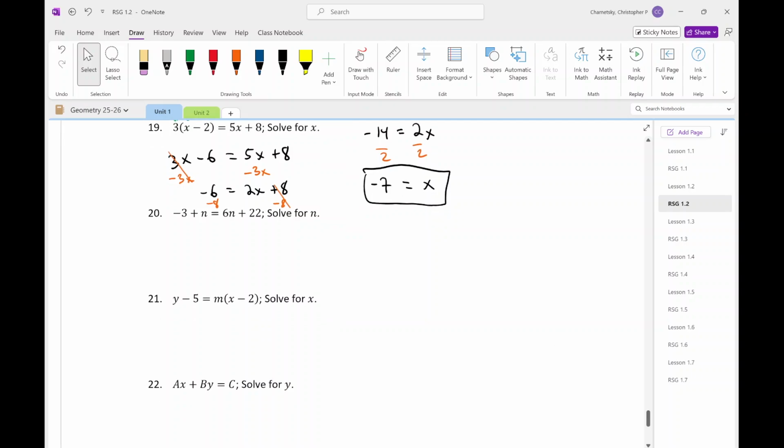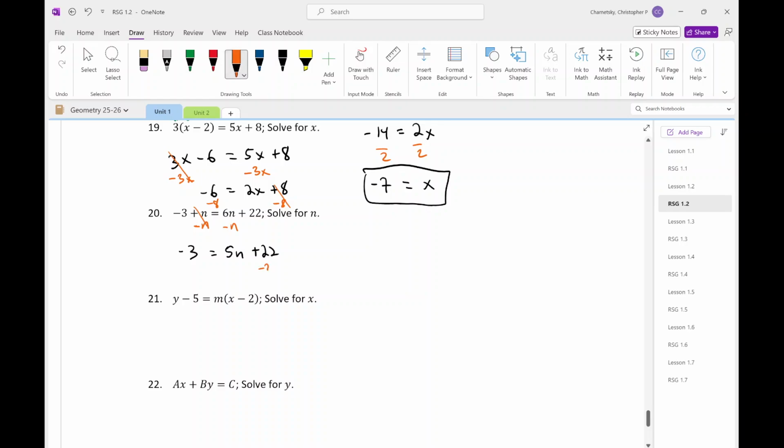Number 20. Nothing to distribute, so let's just go ahead and collect our like terms. I'm going to move that n from the left side to the right side, so subtract n, those cancel out. And we end up with negative 3 equals 5n plus 22.